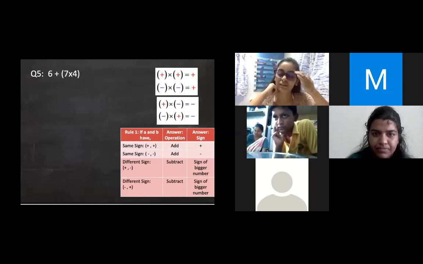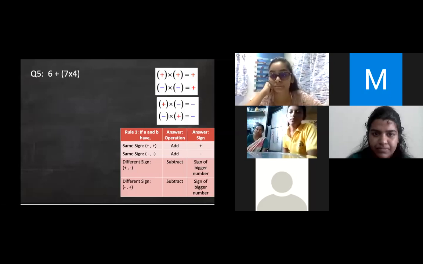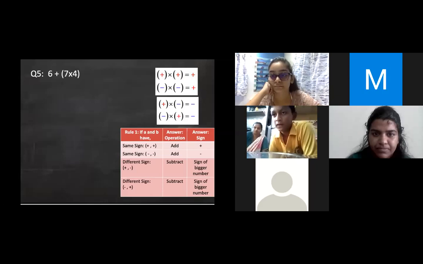Can you tell us? Multiplication is what you have to do. What is the sign in front of 4? Is it a positive number or is it a negative number? 7 and 4, both of them are positive because there is no sign in front of the number.